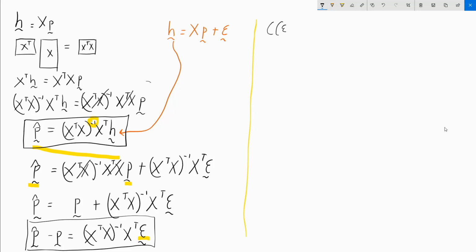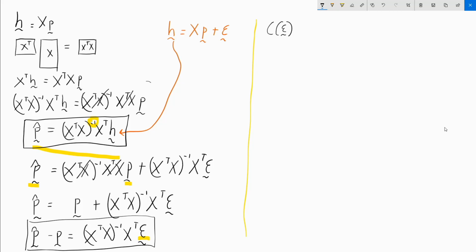This is the covariance matrix of measurement noise. Ideally, we know something about the statistics of measurement noise. This will then allow us not to calculate the error in our parameters, but will allow us to calculate the statistics of the error in our parameters. That is, the propensity for the parameters to be in error.